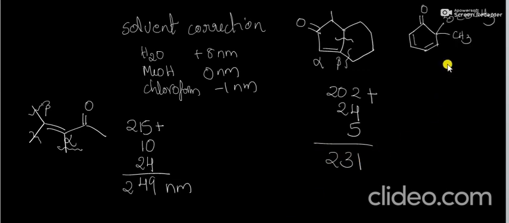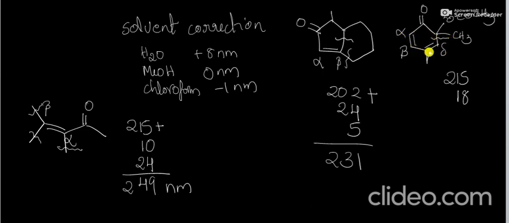This is another example. This is 6-membered alpha beta unsaturated carbonyl compound. So basic value is 215 nanometer. Then here no ring residue at alpha, no alkyl substituent at beta, no ring residue at gamma, and there is 1 ring residue at delta. So plus 18 nanometer for 1 ring residue.